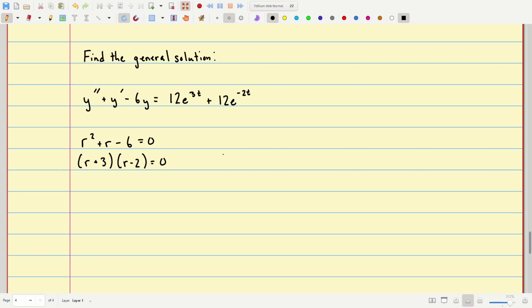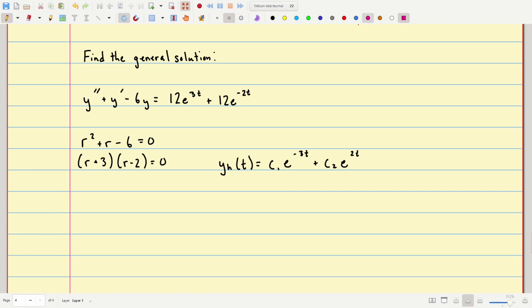Okay. And so that tells us that our homogeneous solution is equal to C1 e to the minus 3t plus C2 e to the 2t, because our roots are negative 3 and 2 respectively.